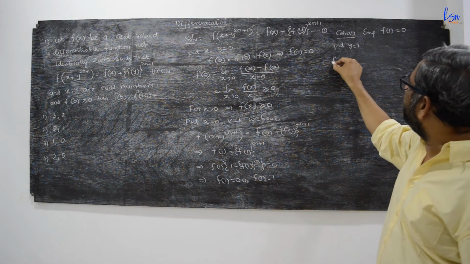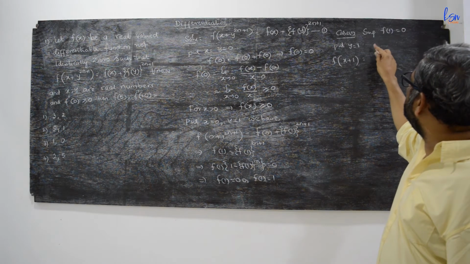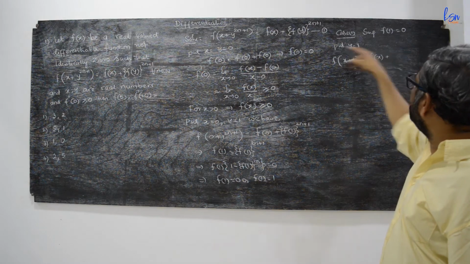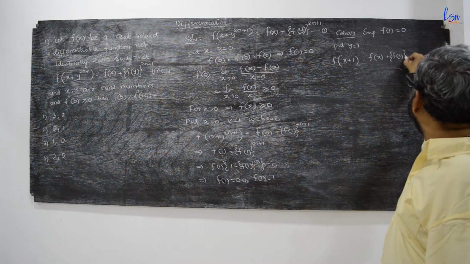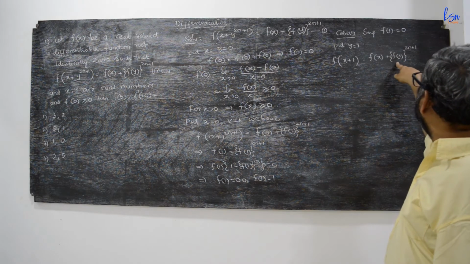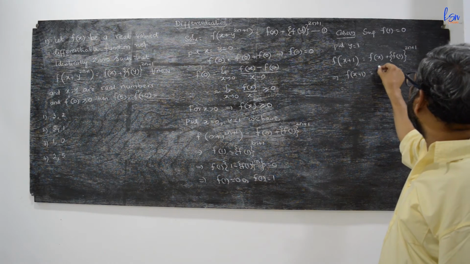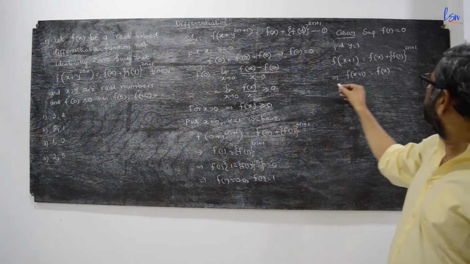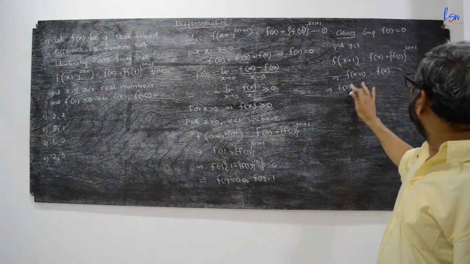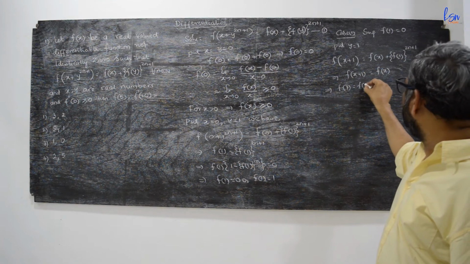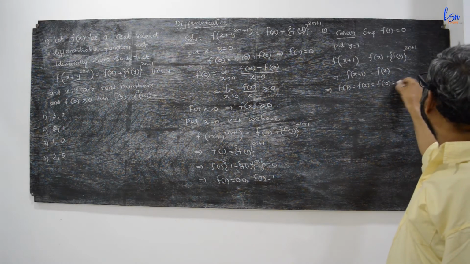So we have f((x + 1)^(2n+1)) is equal to (f(x) + f(1))^(2n+1). f(1) is 0, which implies f(x + 1) is equal to f(x). Now put x equal to 1, f(2) is equal to f(1). So f(1) is equal to f(2) is equal to f(3) and so on.